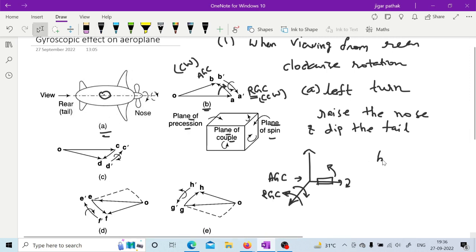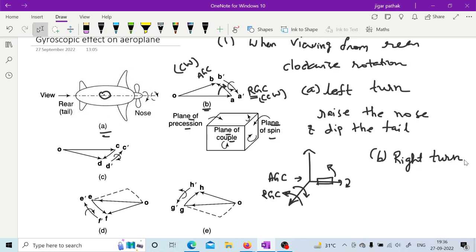If you go for the second case in the same one, when viewing from the rear, clockwise rotation is there. Now if you take a right turn, then what will happen? This figure was for 1A, and this figure is for 1B. What is going to happen?